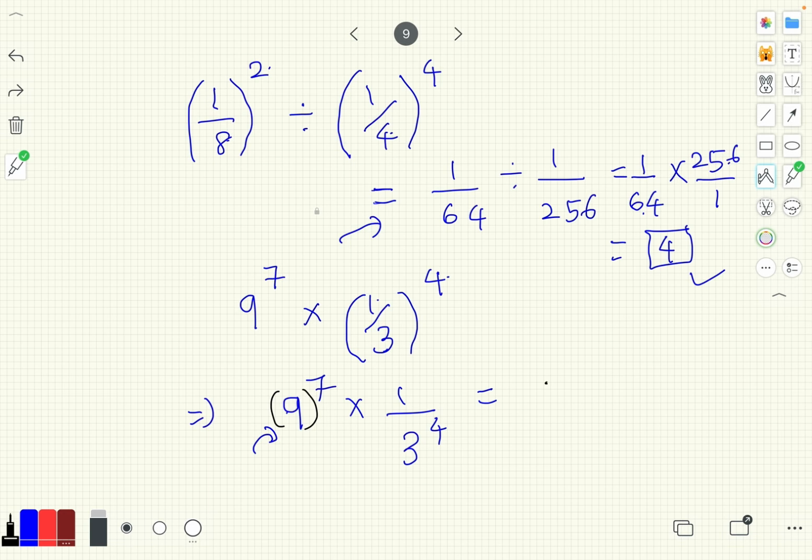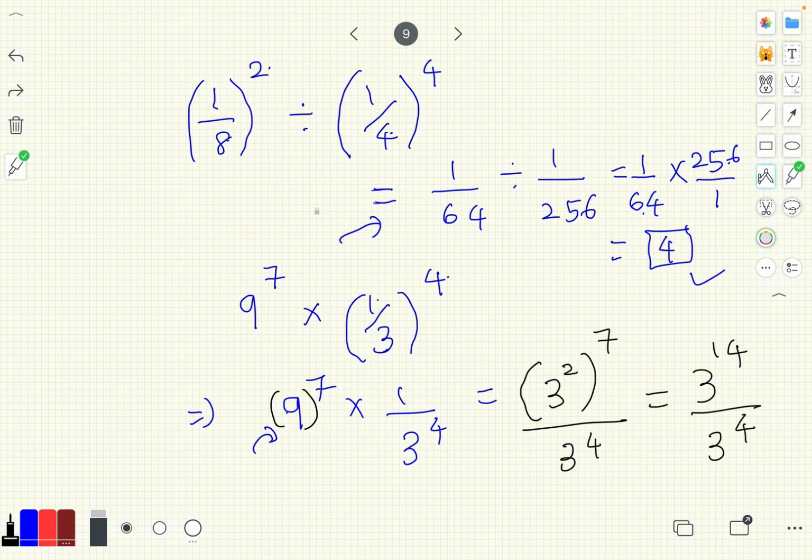So I can write the 9 as 3 to the power 2, (3 to the 2) to the 7, divided by 3 to the 4. Now expand it, it's power to the power, 2 times 7 is 14, 3 to the 4.